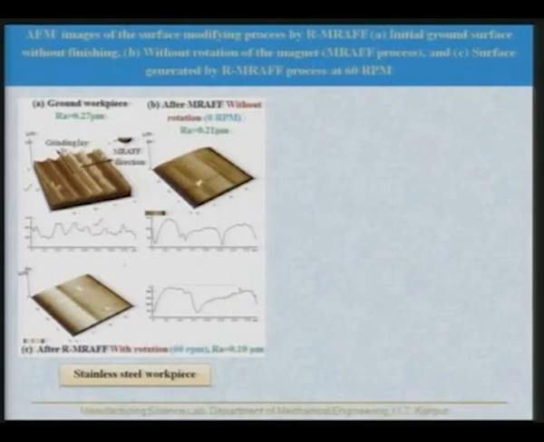After the MRAF process, with no rotation, simple MRAF process, this kind of surface finish was obtained, 0.21 micrometer, but you can see the qualitative difference between the two, although there is not a large difference in the Ra value. Now, when rotation was provided, say 60 rpm, the surface finish reduced to 0.10 micrometer, and there is a difference in the quality of the finished workpiece.